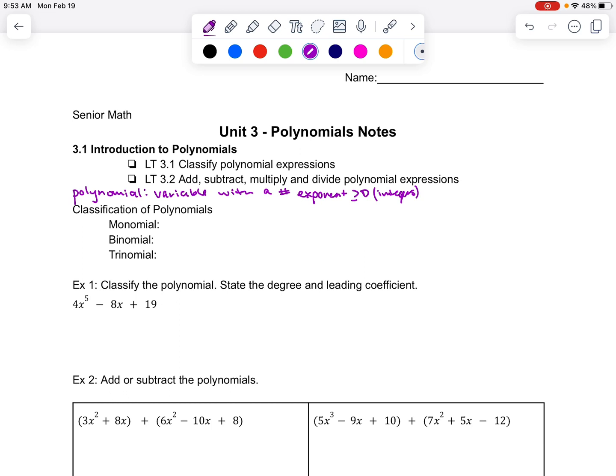But I'm not as concerned about the coefficient part. So a variable with a number exponent that is greater than 0, and that has to be an integer.